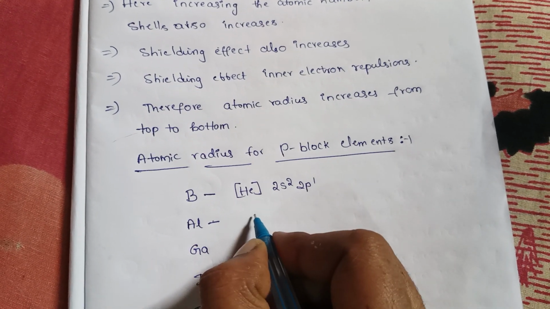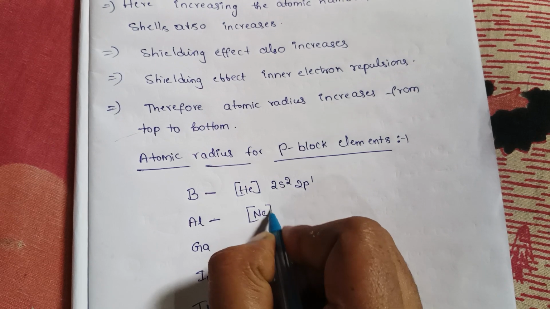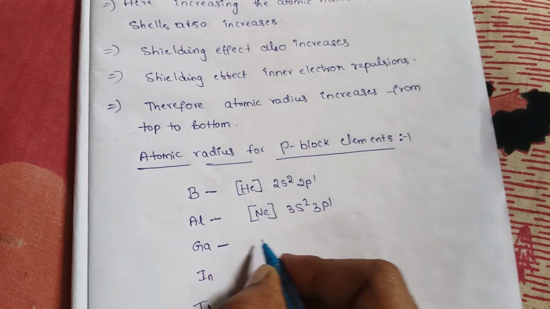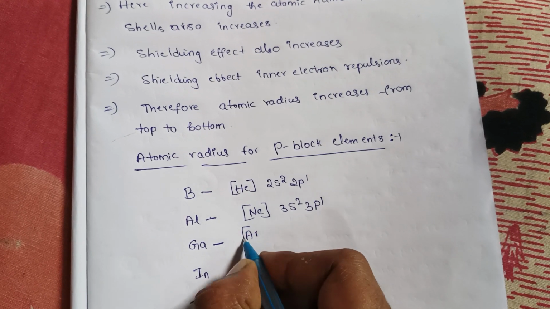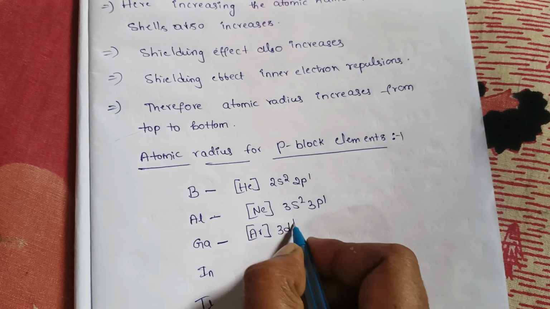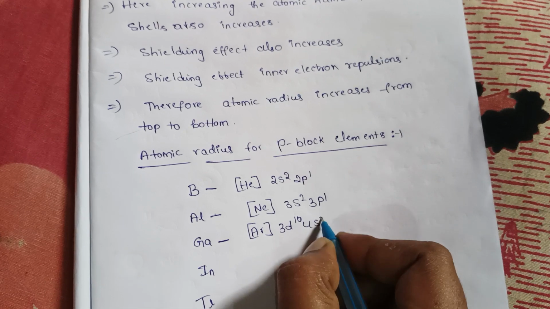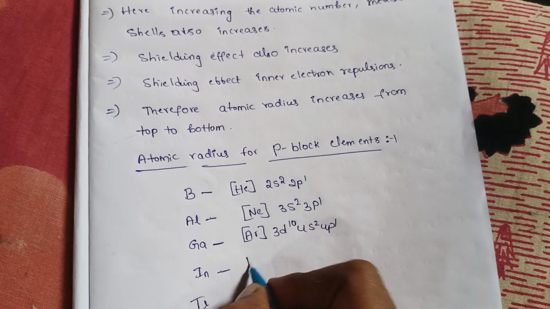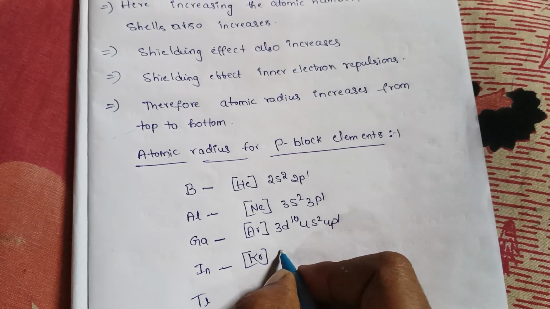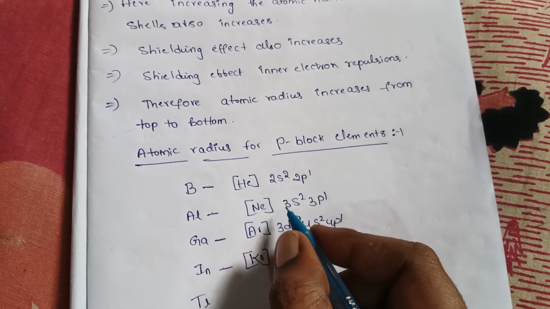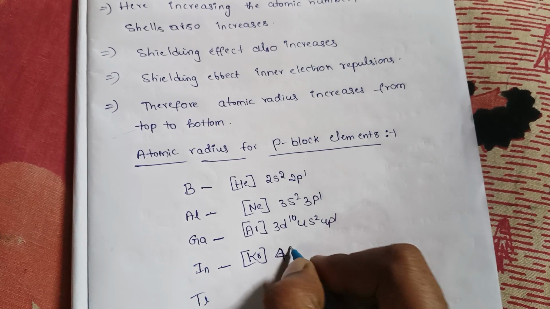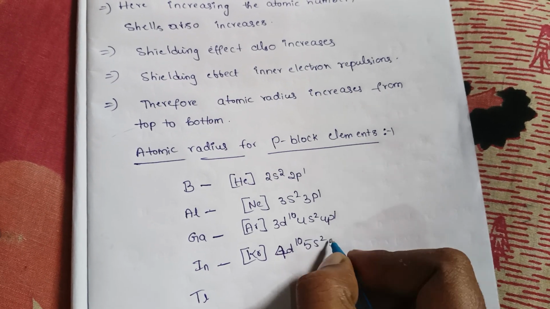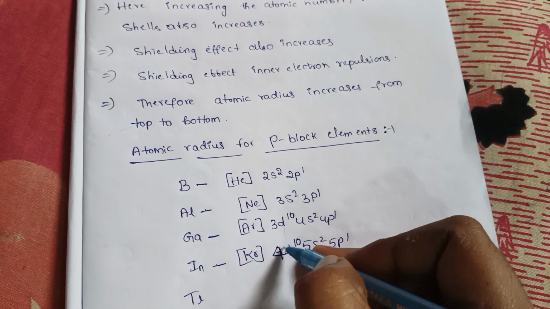For aluminum, neon 3s2 3p1. For gallium, argon 3d10 4s2 4p1. For indium, krypton 4d10 5s2 5p1. Here the number of shells increases, right?